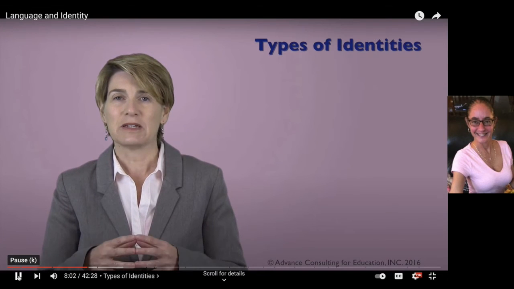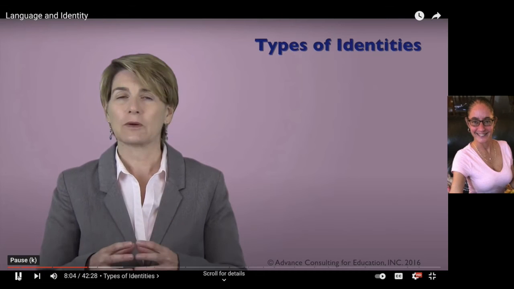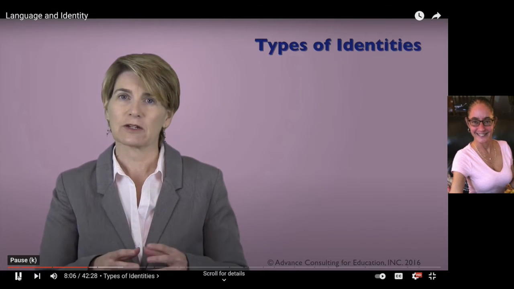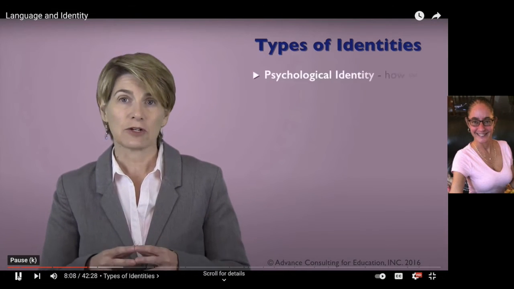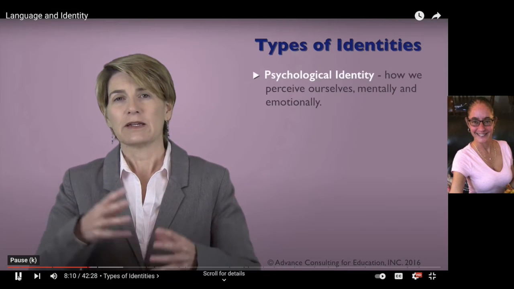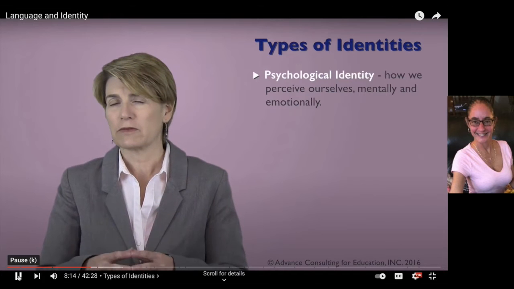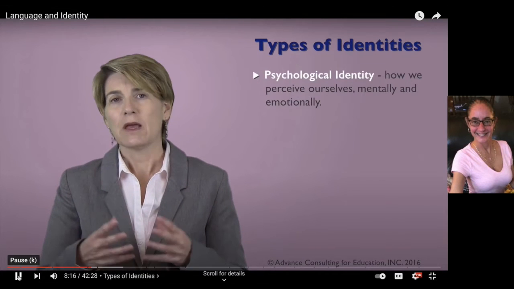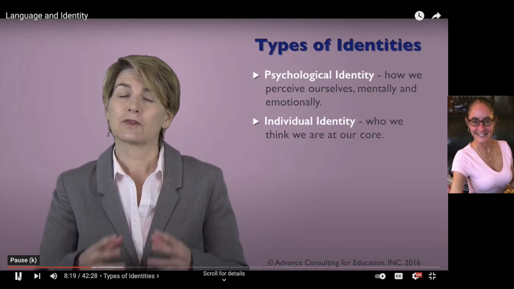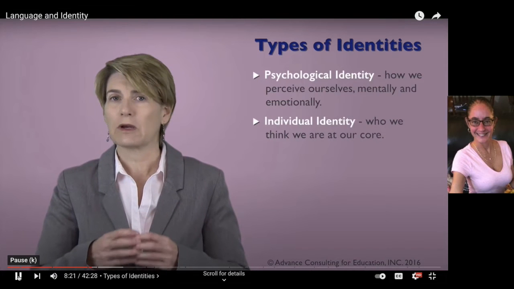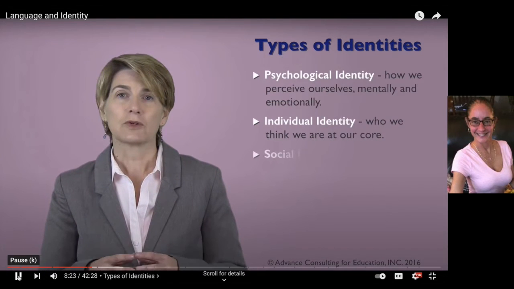Another way to think about identity is to think that there's actually different categories of identities that we can select from. So there are psychological identities. So these are identities that we have mentally and emotionally, or so how we perceive ourselves mentally and emotionally. Then there are individual identities. So for ourselves, who do we think we are at our core? There are social identities.